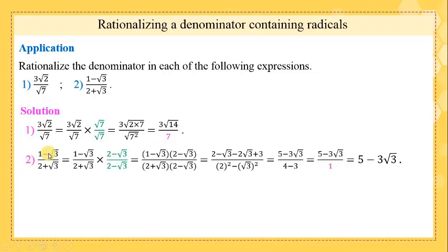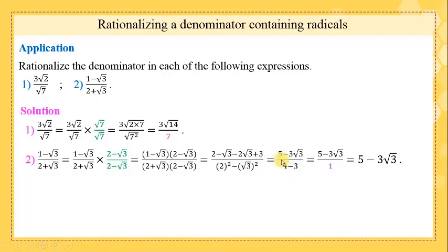Number 2. 1 minus radical 3 over 2 plus radical 3. We multiply the numerator and the denominator by the conjugate of 2 plus radical 3, which is 2 minus radical 3 over 2 minus radical 3. Here, multiplying numerator by numerator and denominator by denominator, we get 2 minus radical 3 minus 2 radical 3 plus 3 over, here we have a plus b into a minus b, we get 2 squared minus radical 3 squared.